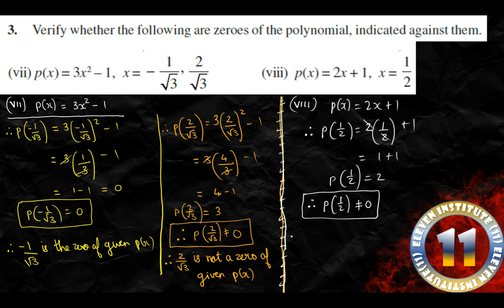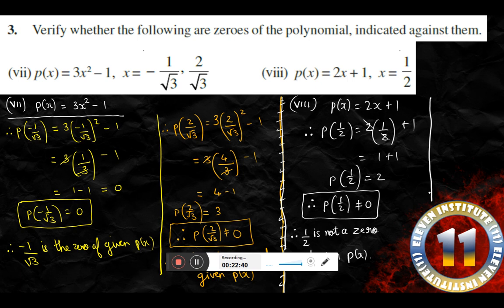As it is not equal to 0, we can write therefore 1 upon 2 is not a 0 of given polynomial with variable x. Fine. Please pause the video and write this down in your CW. Alright, I hope you have written this.